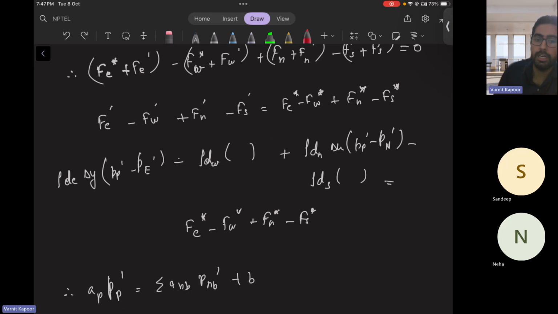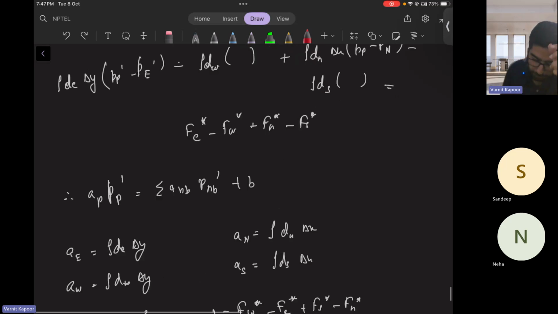Now after the velocity correction, essentially your velocities are corrected. U and V would satisfy the continuity equation, but they will not satisfy the momentum equation. So essentially you have to go back and solve your momentum equation again with the updated pressure, because you have got the P dash.